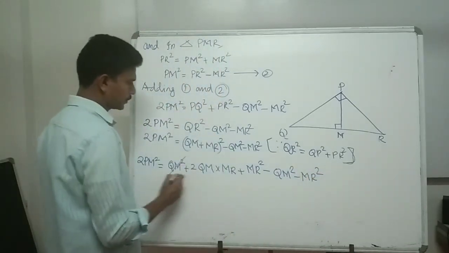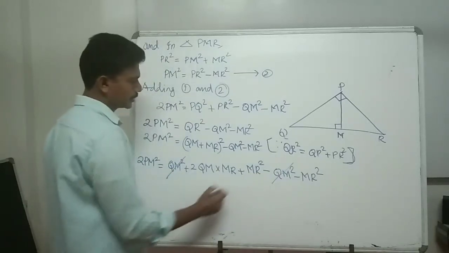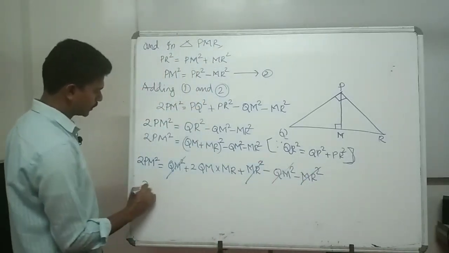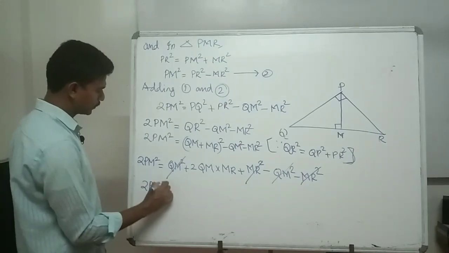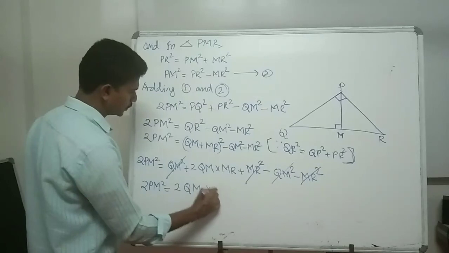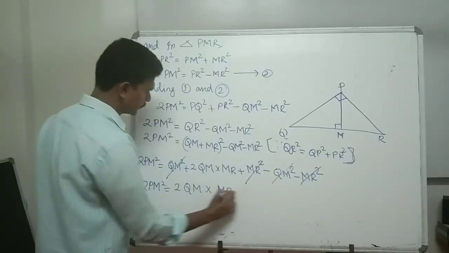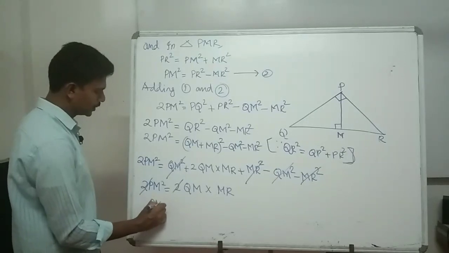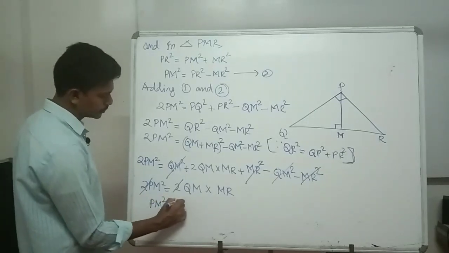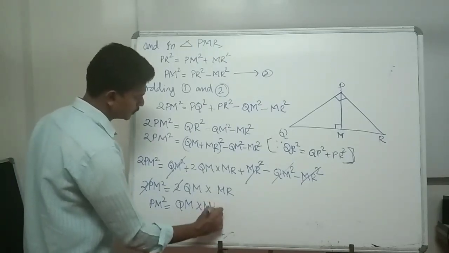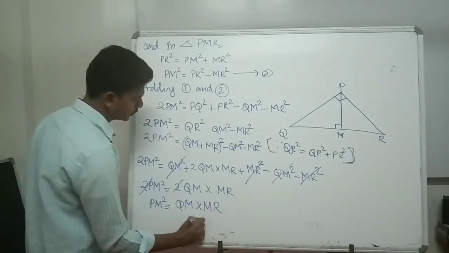QM square minus QM square cancels, MR square minus MR square cancels. What is remaining? 2PM square is equal to 2QM into MR. So 2 will cancel. So what is remaining? PM square is equal to QM into MR. This is what we had to prove in this question.